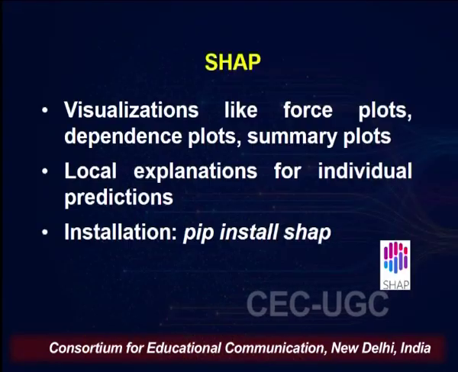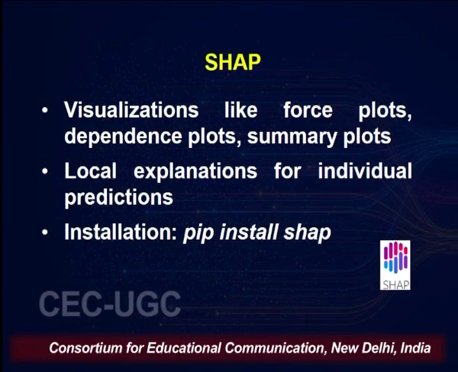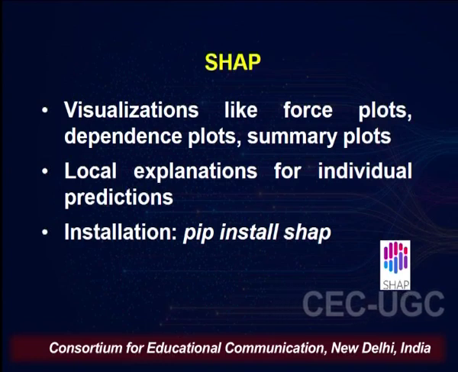So the tree based models are also supported by SHAP, as well as linear models and neural network models. And there are certain visualizations that are supported by SHAP. Some of them are force plots, dependence plots, decision plots, summary plots, and many more plots that we will see shortly.